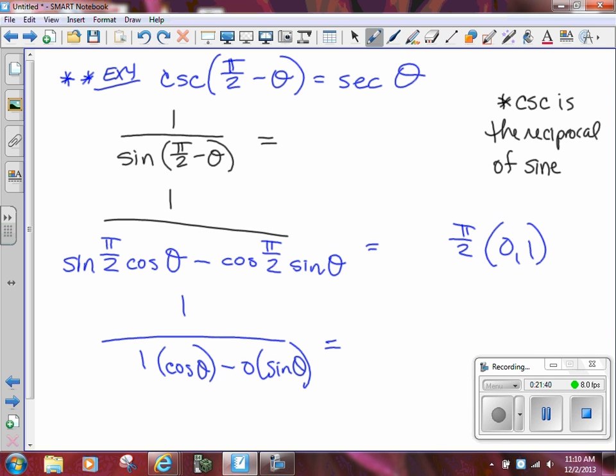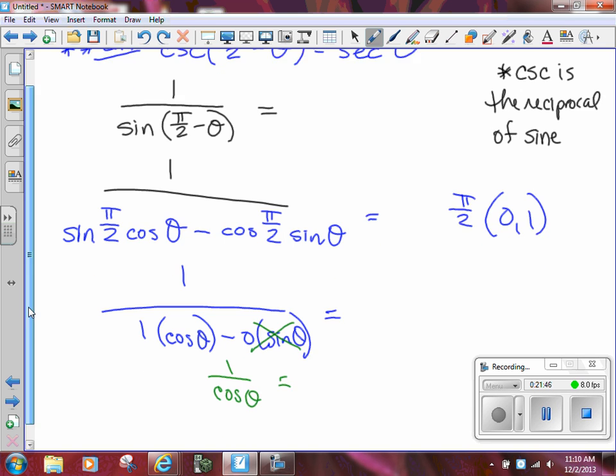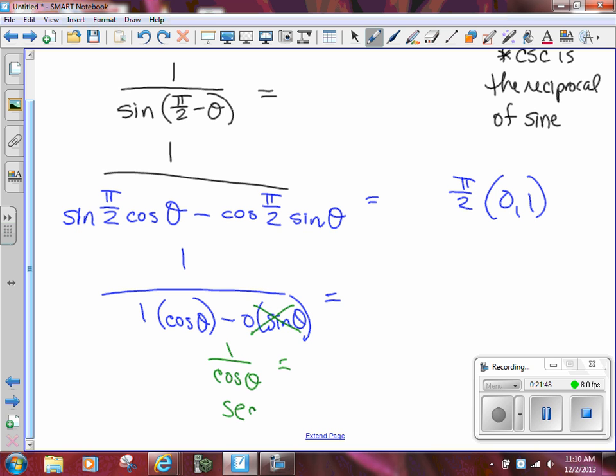What's going to happen over here on the left? They're going to cancel, and I'm left with, sure enough, 1 over cosine, which is secant, because I need to show that secant is equal to secant right there. How many of you had it? This is a proof. Do you agree? I like these. I love them. I don't know that you do or do not, but it doesn't really matter. You have to know how to do these. Done.